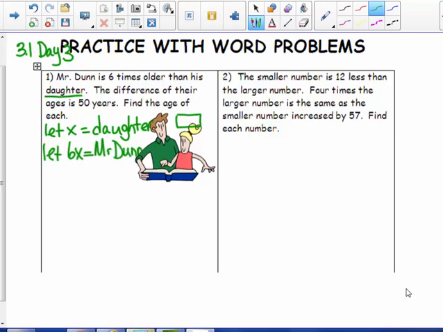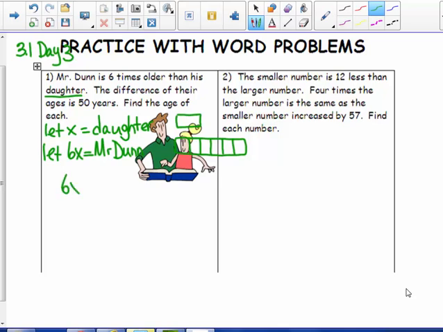And yes, if I wanted to bar model this, I could make 6 parts of this bar representing Mr. Dunn. 1, 2, 3, 4, 5, 6. And their difference in my bar model would be 5 boxes, or if I was writing it algebraically, the difference of their ages.